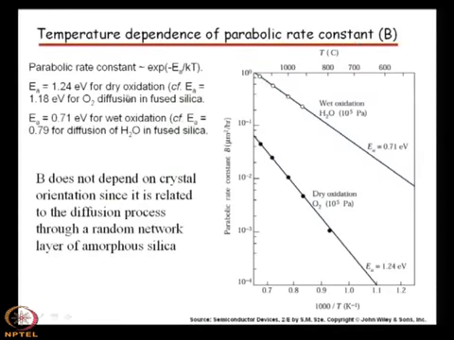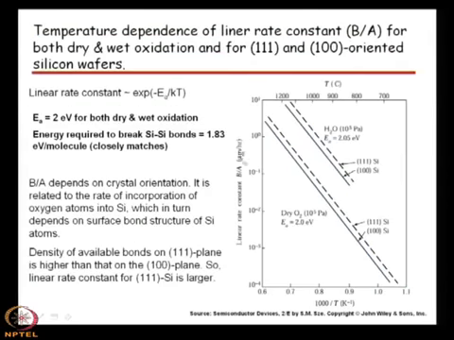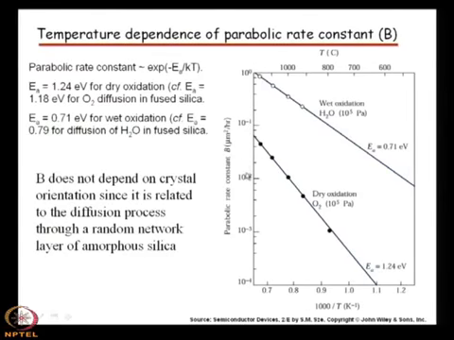The unit of the parabolic rate constant is micrometer square per hour. Obviously, the parabolic rate constant value will be different, and it also varies as exponential of minus E_A by kT, where E_A is the activation energy.